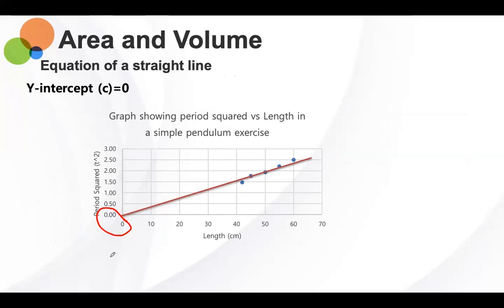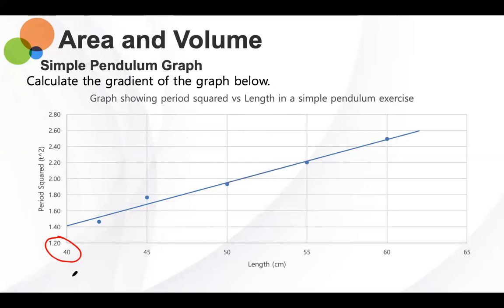Sir, the Y intersection. Right, so this graph starts where? Zero, sir. Right, and then this graph would start at 40 and 1.21, 1.20, right? Yes, sir. So these two graphs are the same graphs.